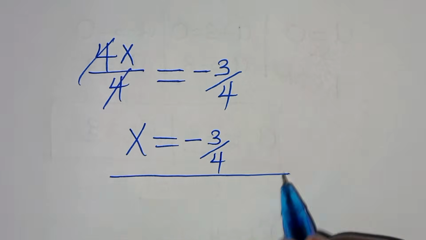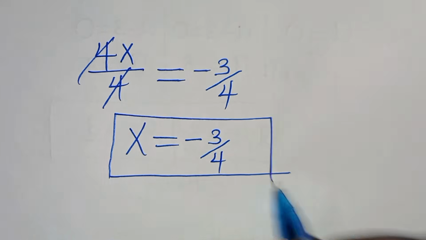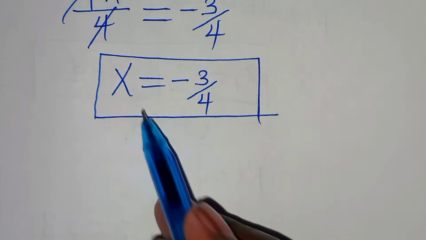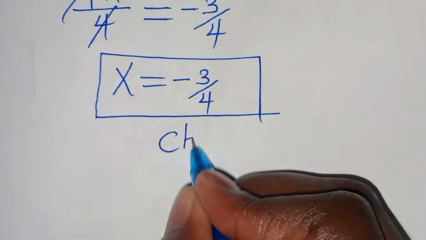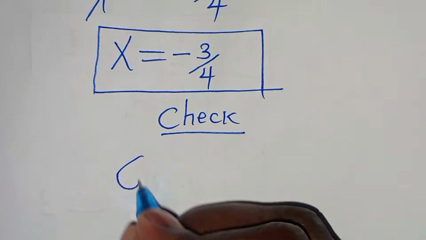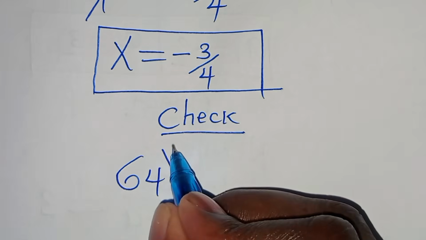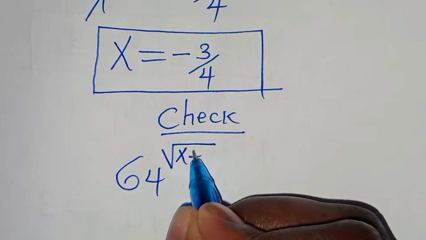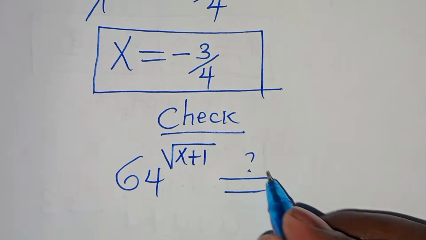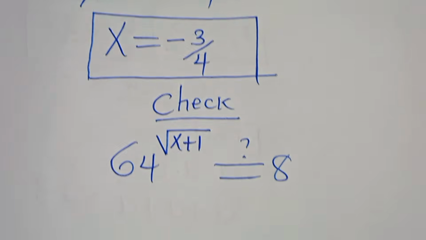So this is the value of x. Now, let's check if this value of x satisfies the equation. Remember, we have 64 raised to the power of square root of x plus 1. This should give us a value of 8.